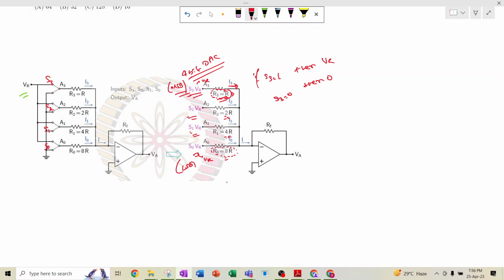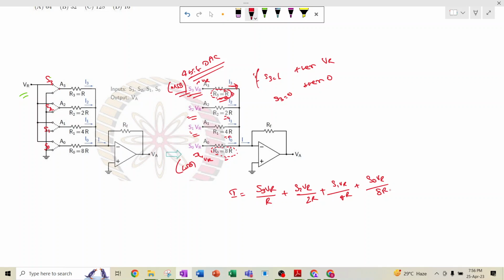Here the current flowing to the op-amp will be S3 VR divided by R plus S2 VR divided by 2R plus S1 VR divided by 4R plus S0 VR divided by 8R.